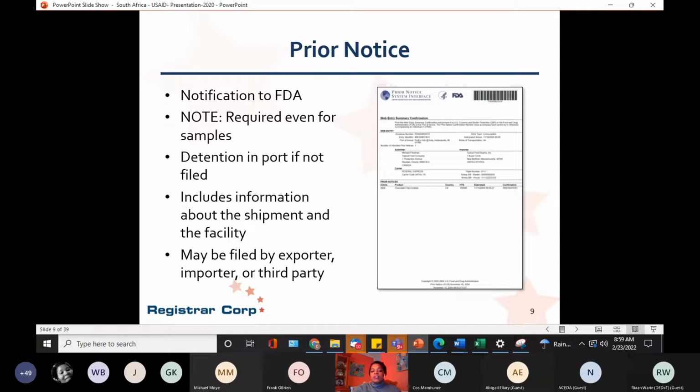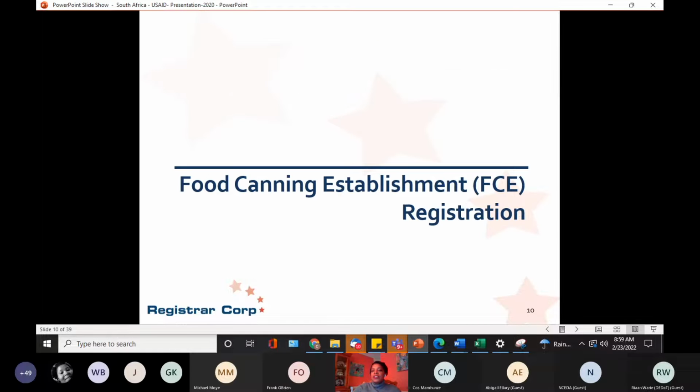We do them as well at Registrar Corp. But it's basically notifying FDA what's in your shipment, and the proper product codes and everything that goes with them, so that when that shipment gets to the port, FDA is aware of what it is, who it's going to, and can choose, based on that information, whether they want to stop and inspect the shipment.